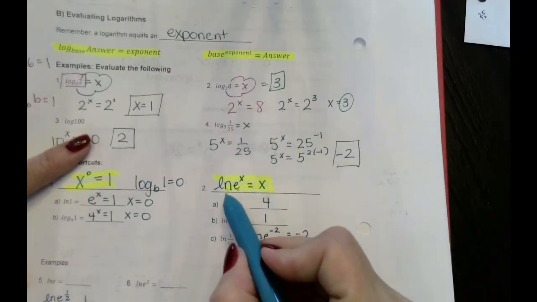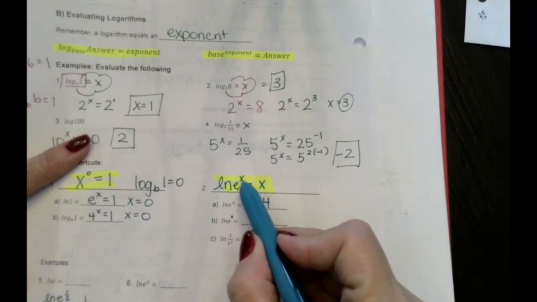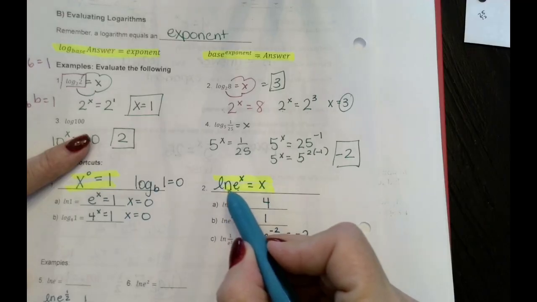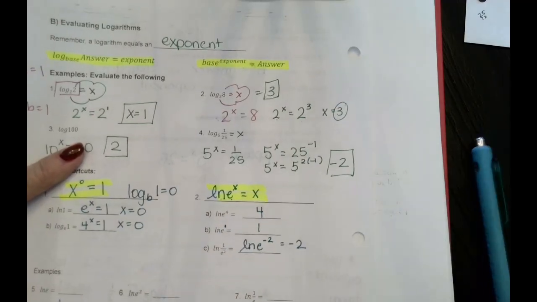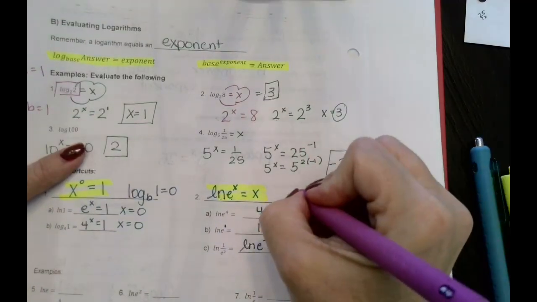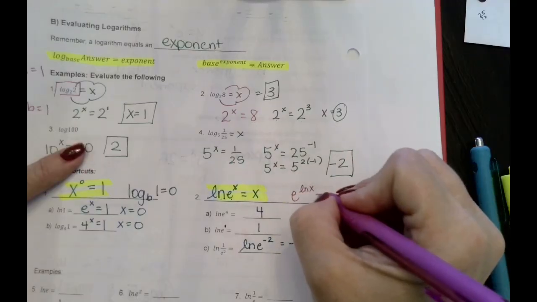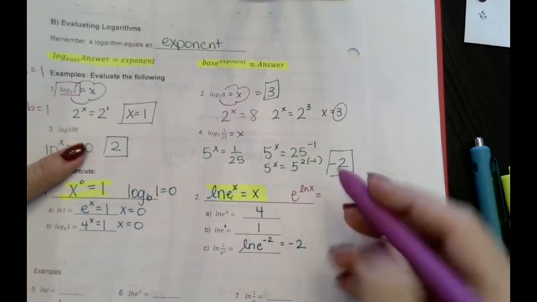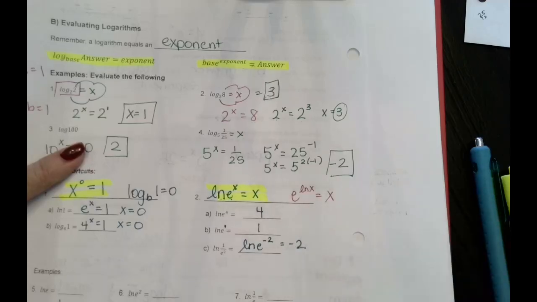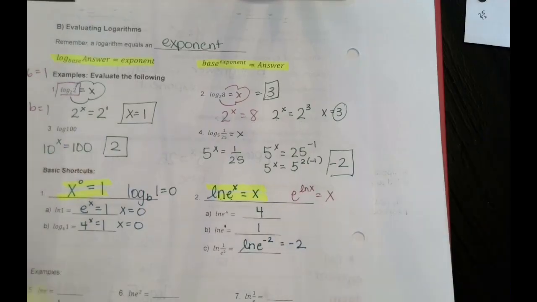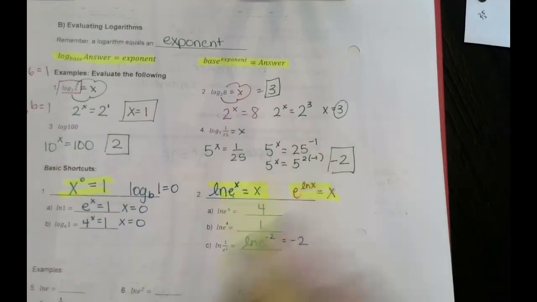Okay. Now, one of the things we didn't talk about is if I have ln e to the x, we said that the ln and the e cancel each other out. Well, I can write this another way too. I can say e to the ln x, and this is the same thing. The e and the ln cancel each other out, and so the answer to this would just be x. So whether it's ln e or e to the ln, all it does is it equals whatever that exponent is.